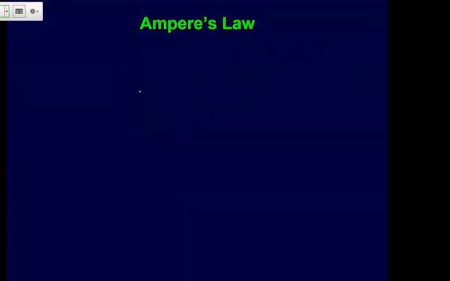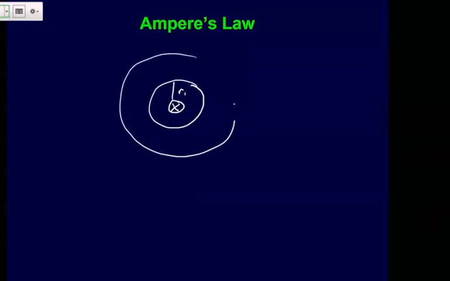So we can draw a picture like so. Here's some current going into the page, and I can draw two loops. We'll call this one R1, and this one over here R2. They'll have different magnetic fields.